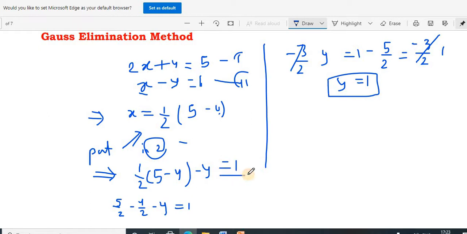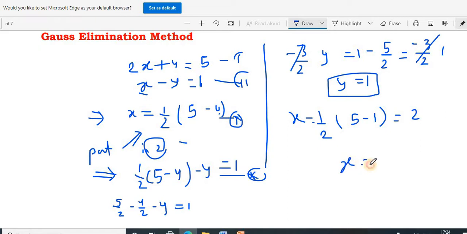We substitute it in the starred equation. So x is equal to 1 by 2 times 5 minus 1, which becomes 4 by 2, that is 2. So we get the solution x is equal to 2 and y is equal to 1.